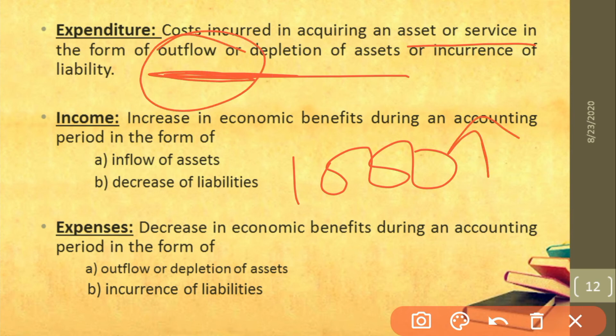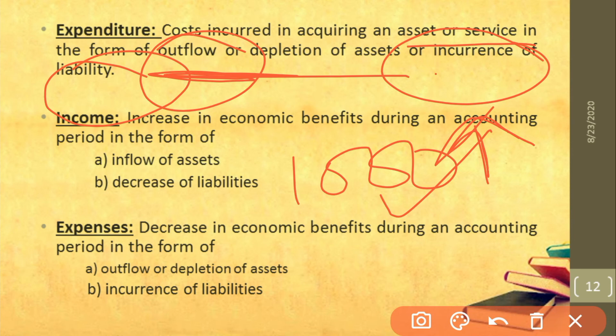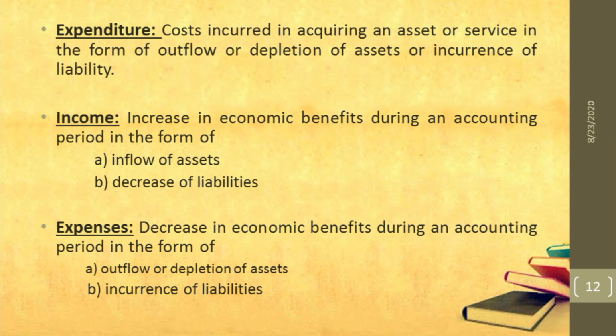This is when I have purchased in cash. But what if I have purchased on credit? There will be incurrence of liability because I have to pay that person in future. That is the liability, when we have to pay the other person for the dues in the near future.